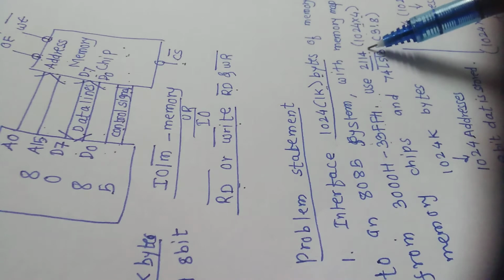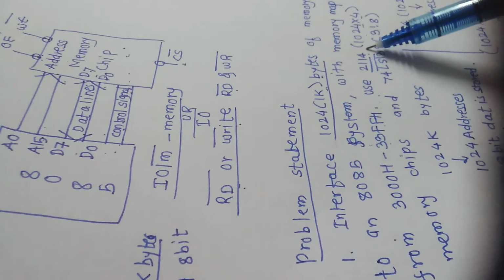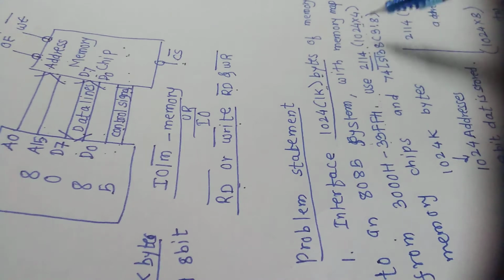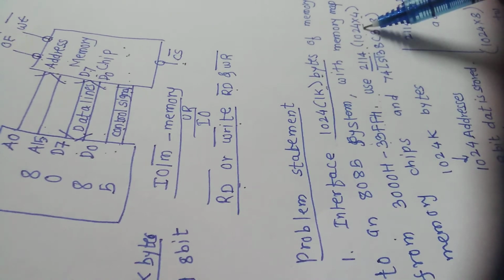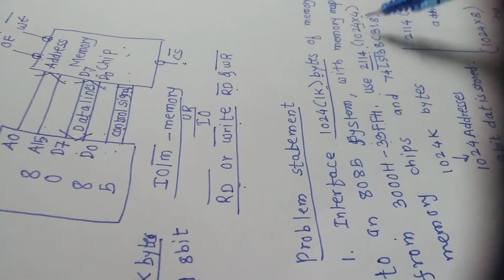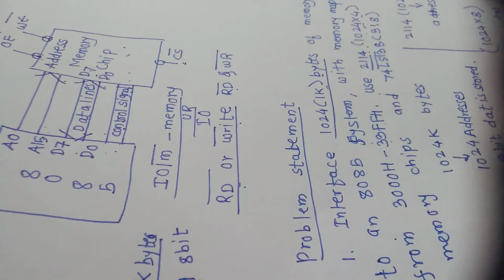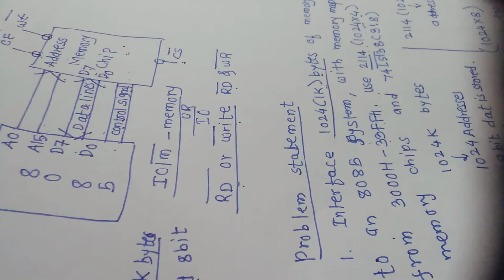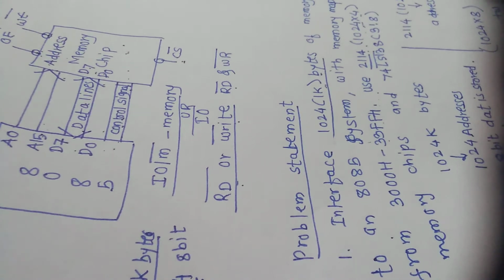And the memory chip given to us has 1024 memory locations, but in a memory location I can store only 4-bit data. My requirement is 8-bit data and 4-bit data is given to us.